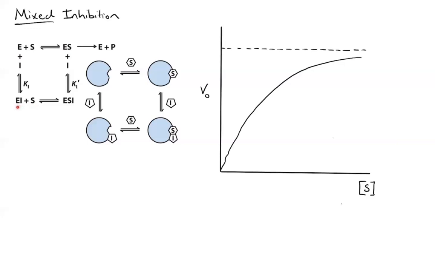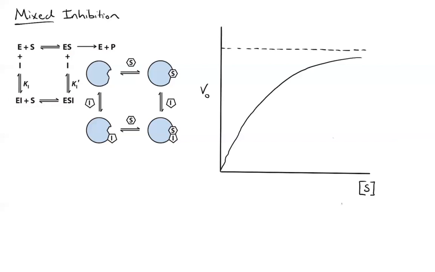The important thing to note is that when the inhibitor is bound, we have no path to the products, right? The inhibitor has to come off before the products can actually form and before this catalytic step can be carried out here. So whether or not the enzyme is bound to a substrate, with either one of these cases down in the bottom part of my diagram, if that inhibitor is present, we can't proceed to products.